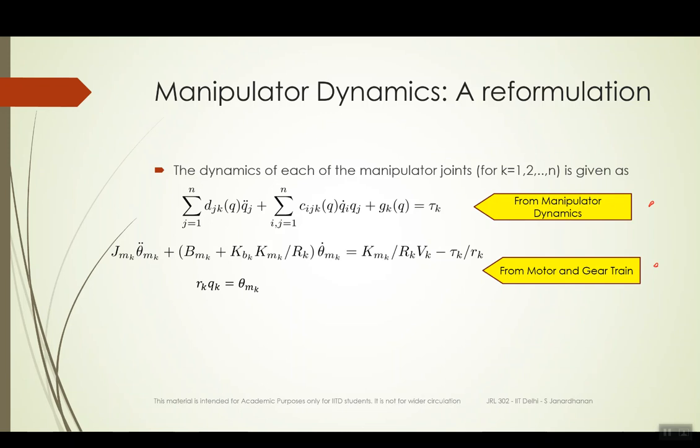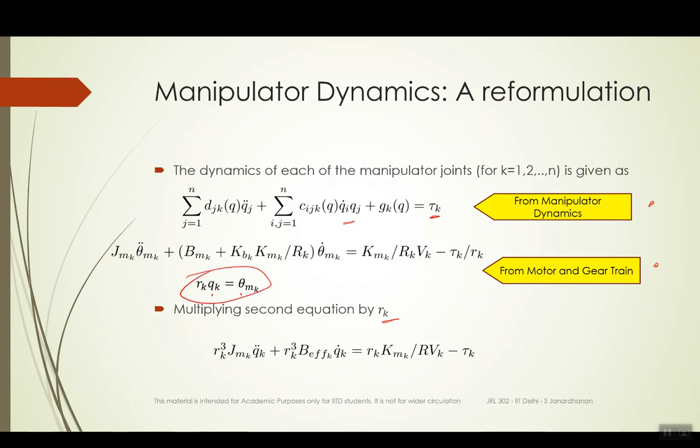However, in order to equate everything together and get everything in terms of tau k and qk, we use a small arithmetical adjustment, and that is we multiply the second equation, the equation of the motor and the gear train, by this factor of rk, and also take into account that the motor angle and the joint variable qk are related by this relationship.